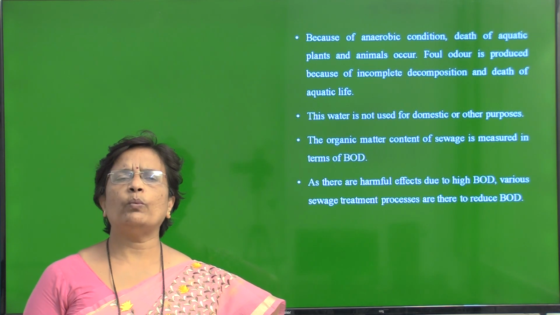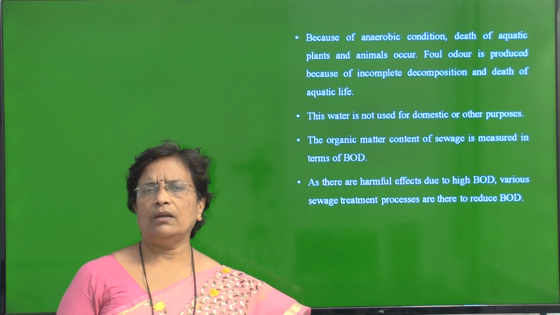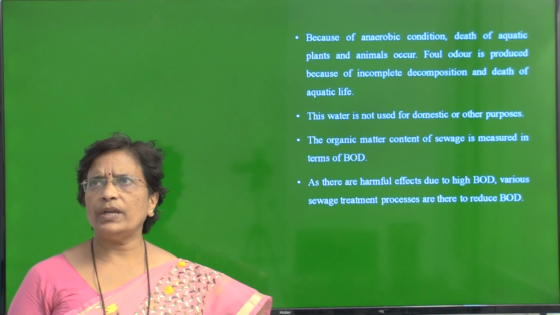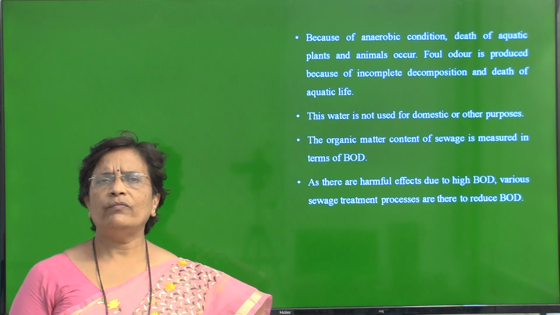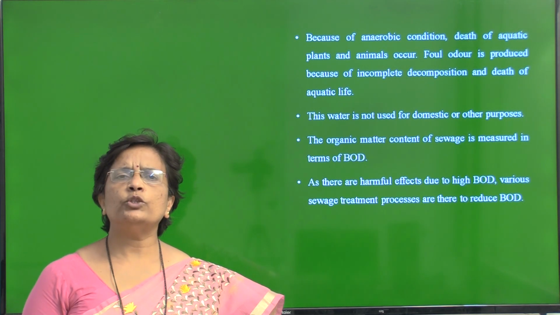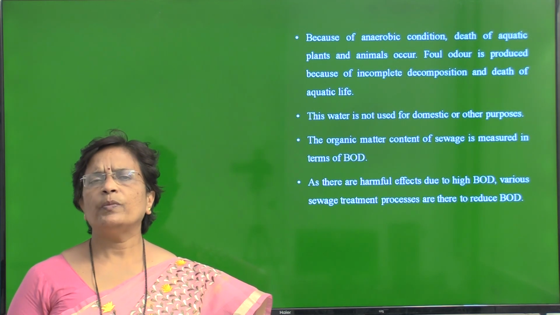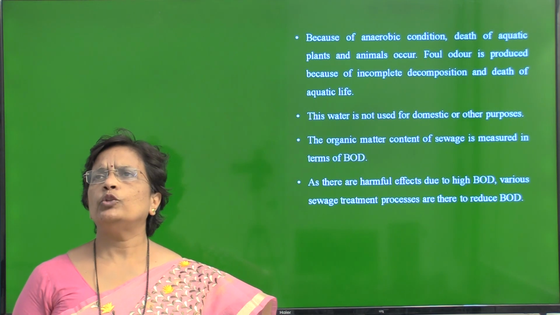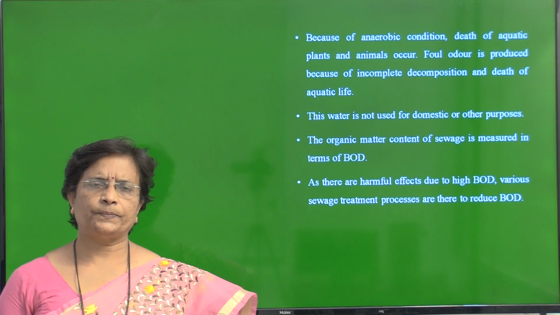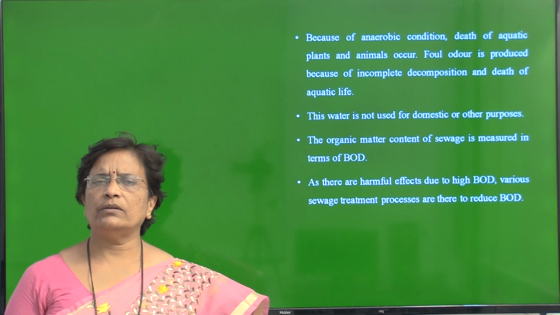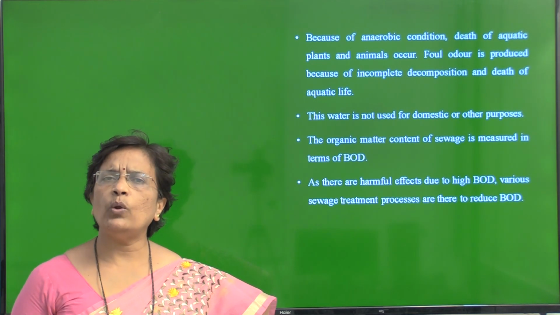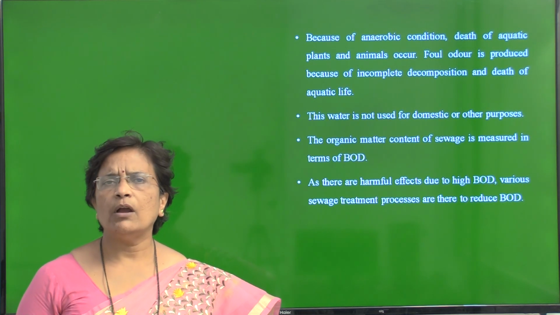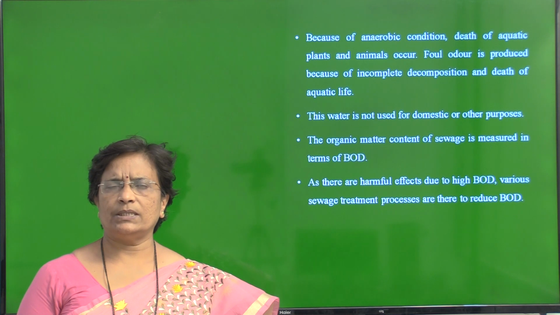Death of this aquatic life occurs. Because of this death, foul odor is created, and this foul odor is also because of the incomplete decomposition of the organic material. So such water having foul odor is not used for domestic or other purposes.